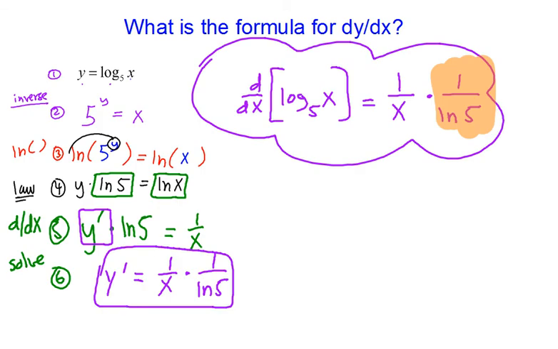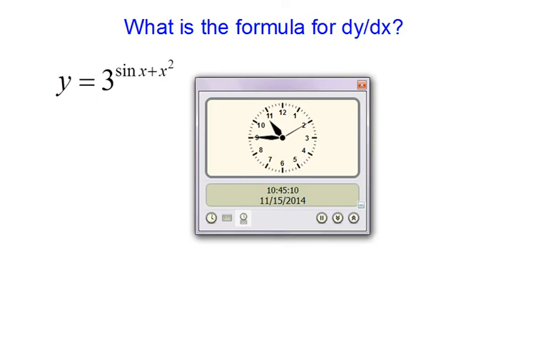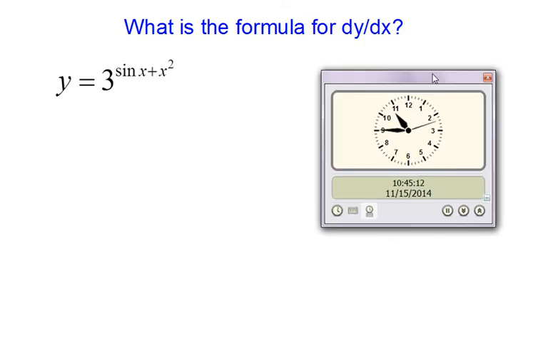And what we'll do is follow this same sequence of steps in terms of using inverse properties, hitting both sides with the log, using the logarithms, hitting both sides with the derivative, and then doing algebra to solve. Now, just to demonstrate that this is a reasonable approach, it just needs to be reasonably efficient.